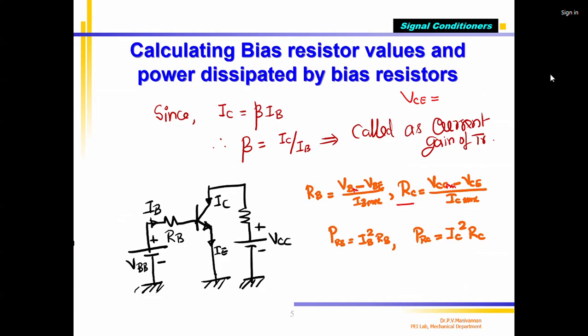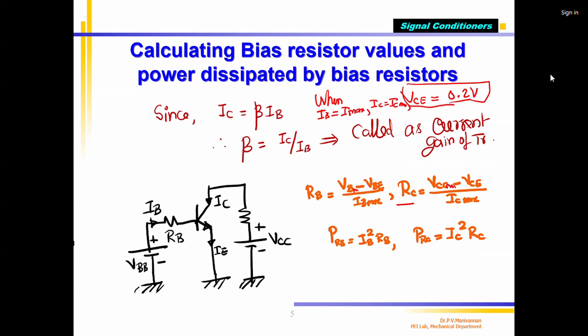But at one particular condition alone, VCE becomes 0.2 volts. What is the condition? When IB equals IB max. Then IC will be equal to IC max. In that condition, VCE is 0.2 volts.